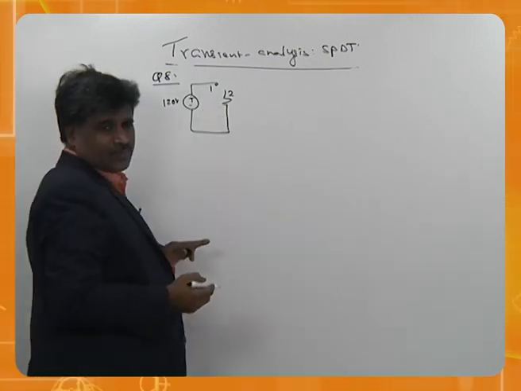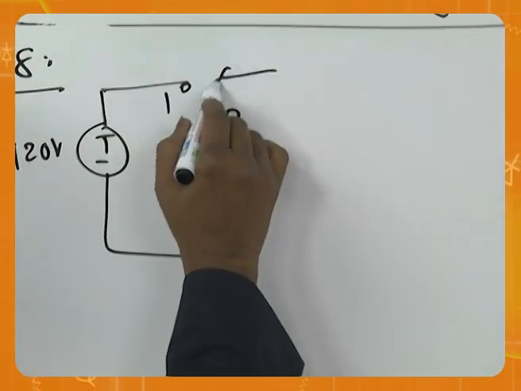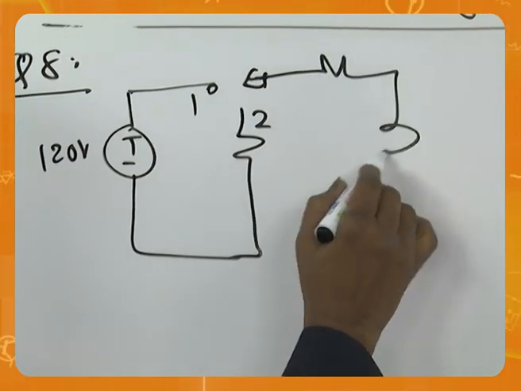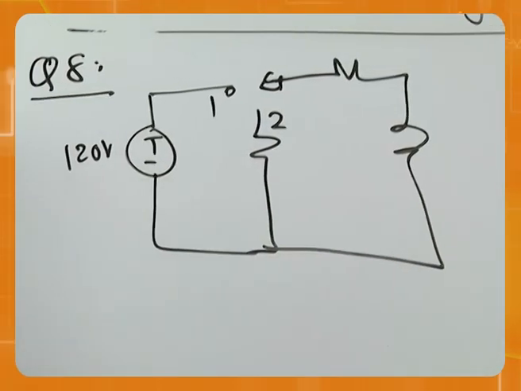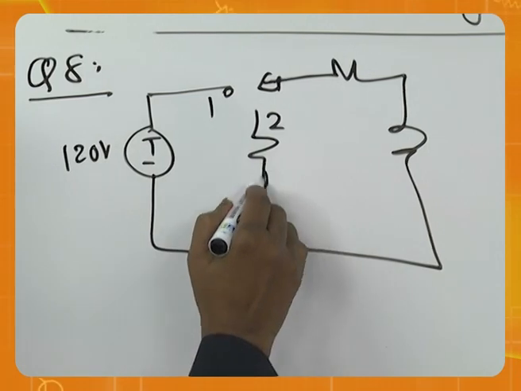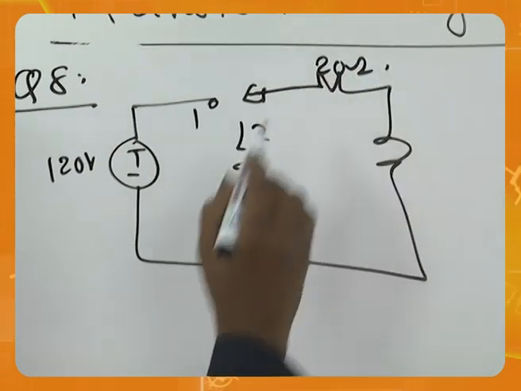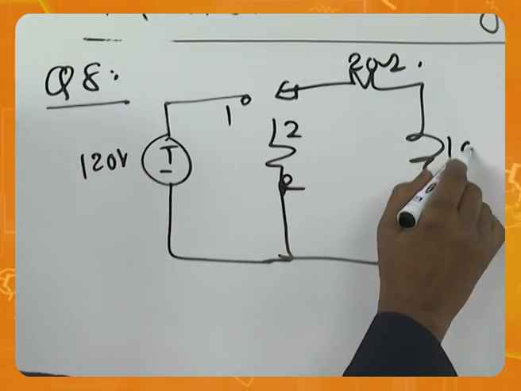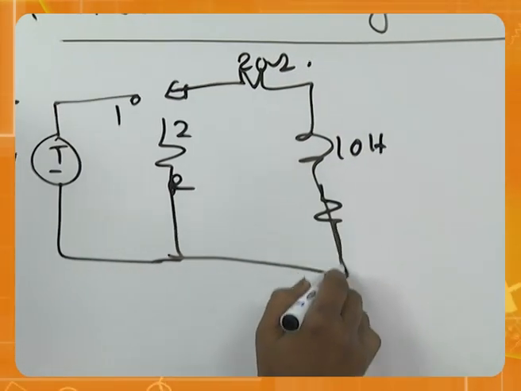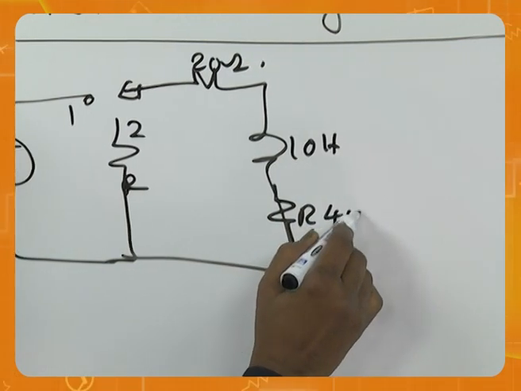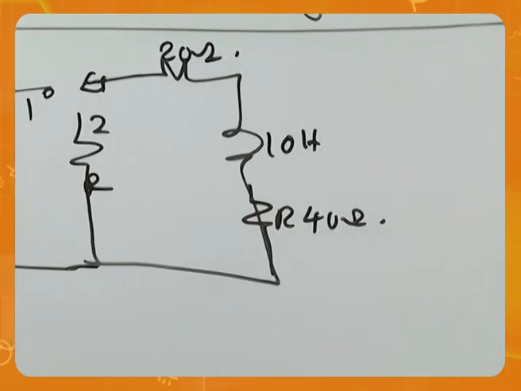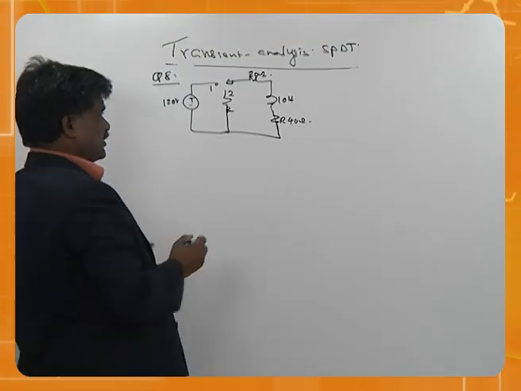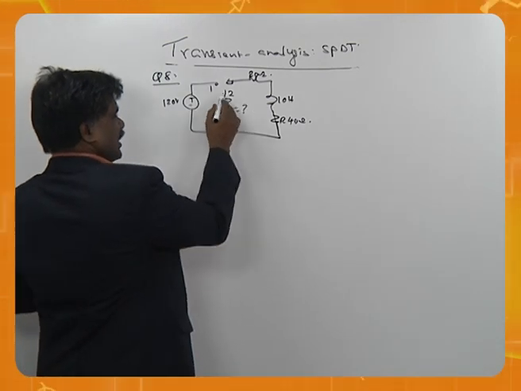Then you have RL. So this is R, 20 ohms, 10 Henries, another resistor 40 ohms. All that he is asking is to calculate this R.